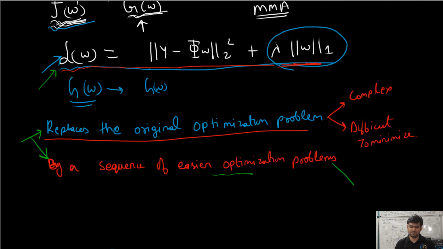So these optimization problems or these loss functions are perhaps easier to minimize, and that's why we'll discuss the MMA algorithm. Otherwise, if this is not easier to minimize, then it just doesn't make any sense.